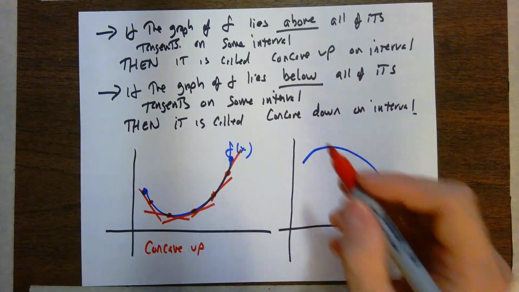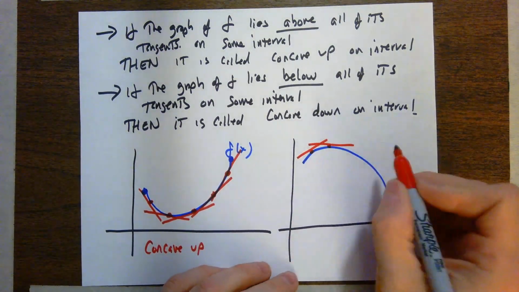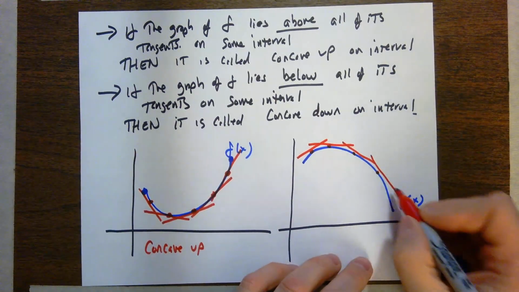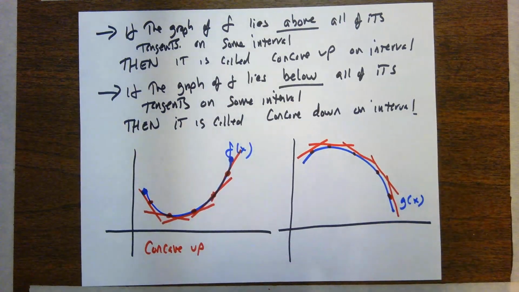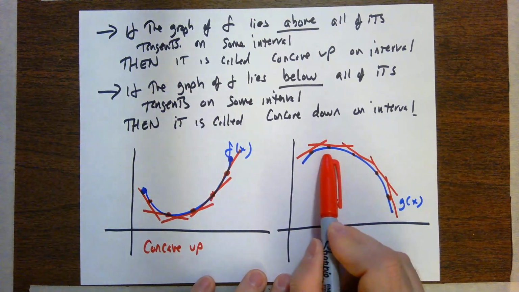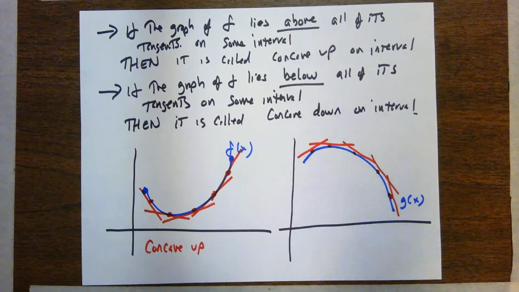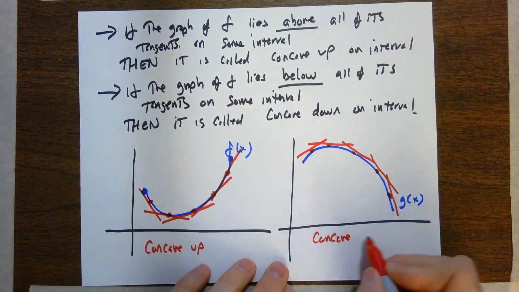I've got a tangent line right here. It looks like I've got a maximum here, a tangent line right here, right there, right there. I've got all of the tangent lines. Now notice that the function lies below all of its tangent lines. The tangent lines are above. So this function is concave down.